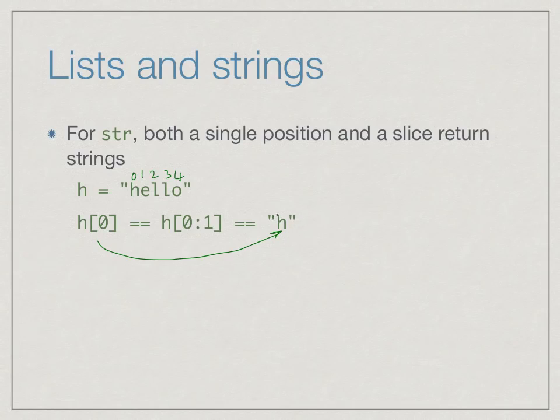But the letter h in Python is indistinguishable from the string "h". Similarly, if we ask for the subsequence from 0 to 1, but not including 1, then again we get the string "h". So in one case, it's as though we constructed a substring of length 1. In one case, we got a single character, but Python does not distinguish. So s[0] is actually equal to, as a value, the slice s[0:1].